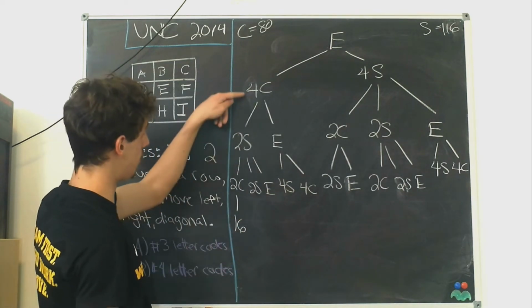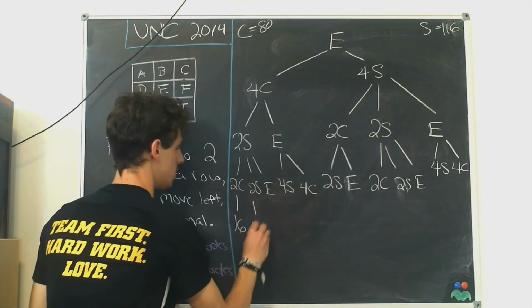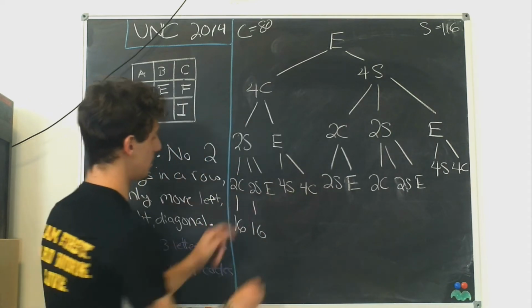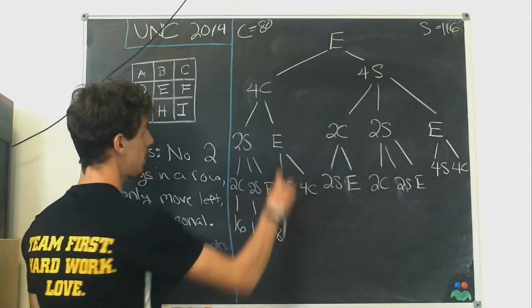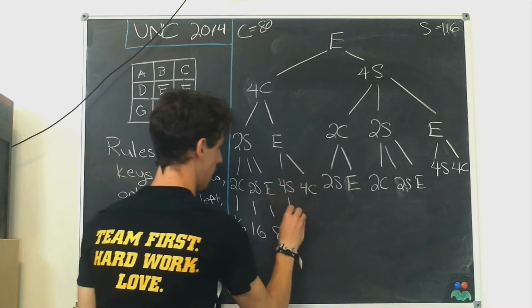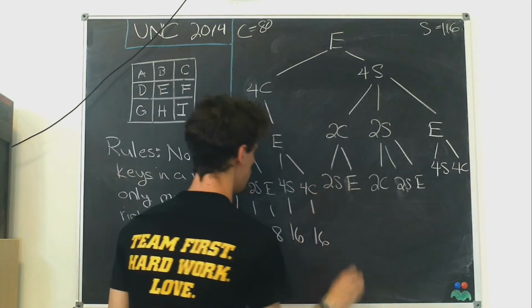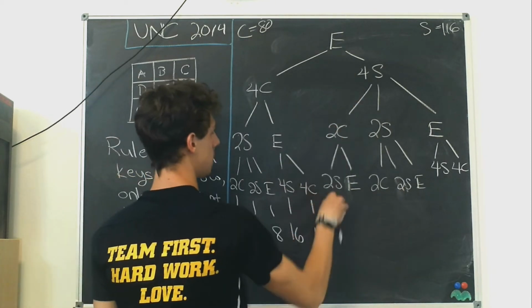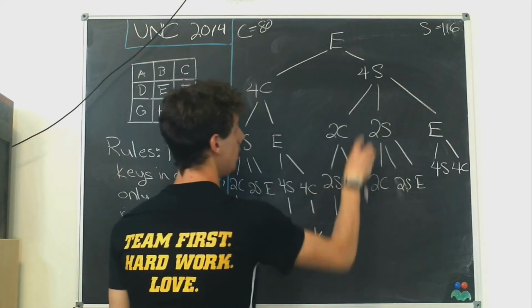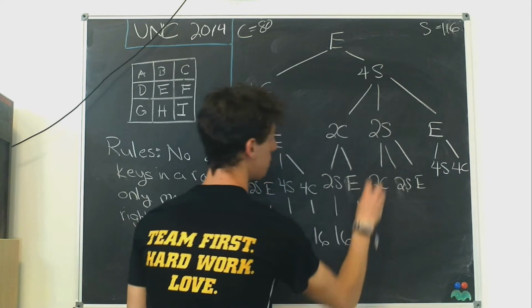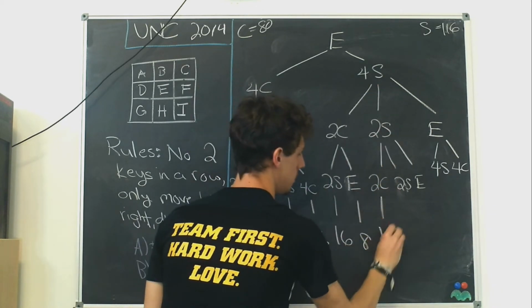And then we have 4 times 2 times 2 again. That's also 16. 4 times 2 times 1, that's 8. 4 times 1 times 4, that's 16. 4 times 1 times 4, that's 16 as well. 4 times 2 times 2, that's 16. 4 times 2 times 1, that's 8. 4 times 2 times 2 is 16.